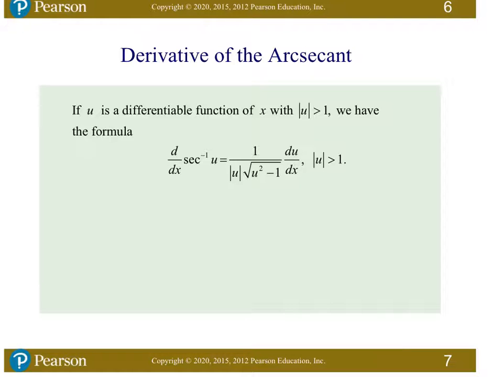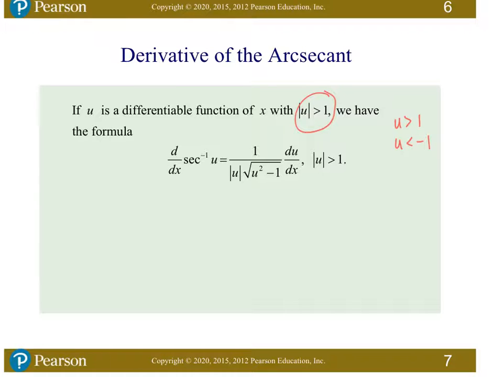And we have a different restriction here this time, is that the absolute value of u has to be greater than 1. So that means that u itself must either be greater than 1 or it has to be less than -1. So it's the complete opposite domain of inverse sine and inverse cosine.